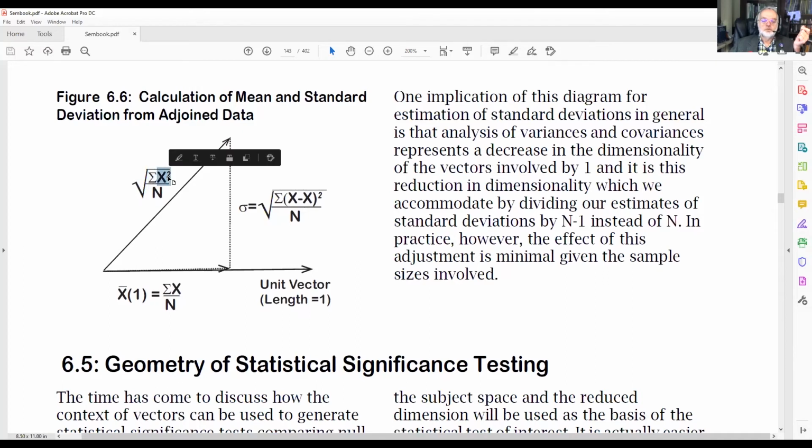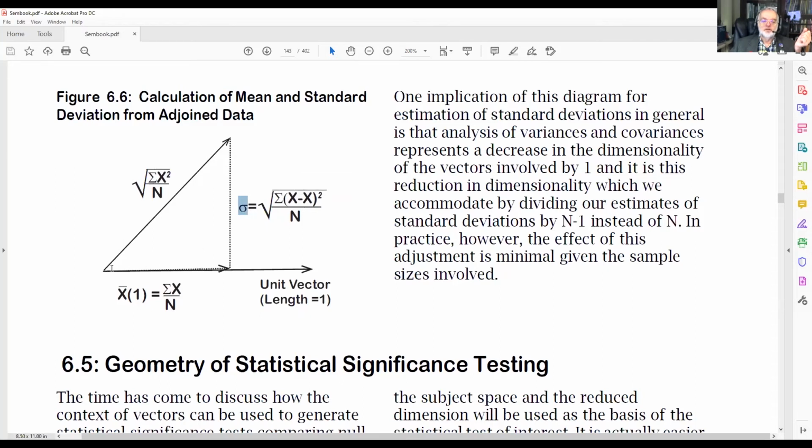So this big X means I'm taking the raw scores in my data, squaring them, adding them up over all the rows, and dividing by the sample size. And the mean represents the number that falls underneath the sum of squares. And the length of this line will now represent the standard deviation.